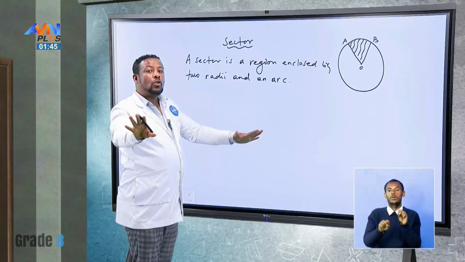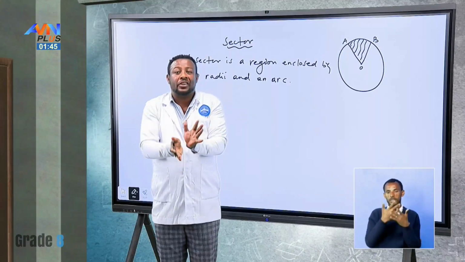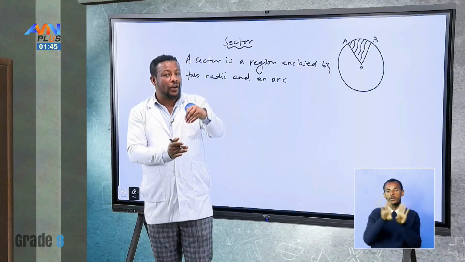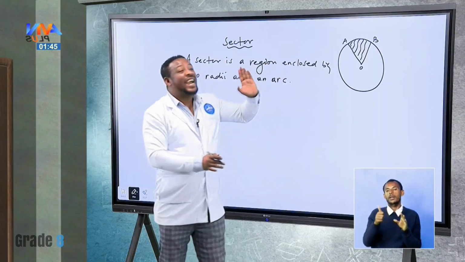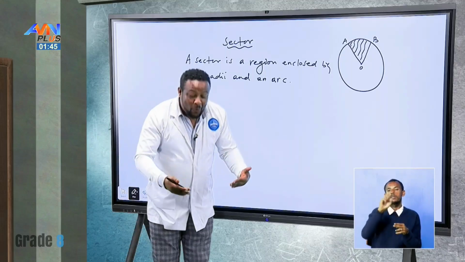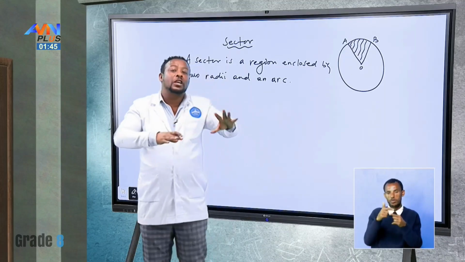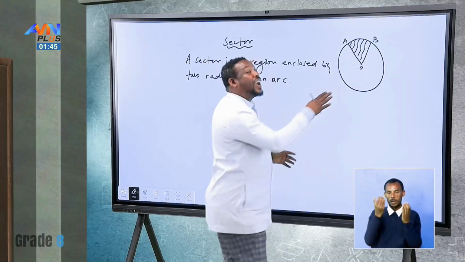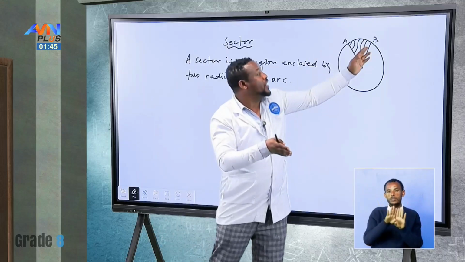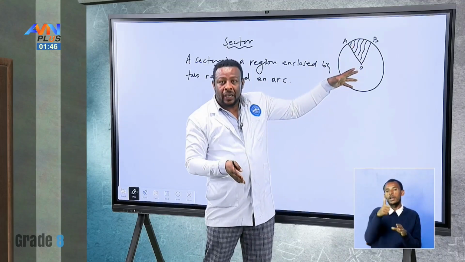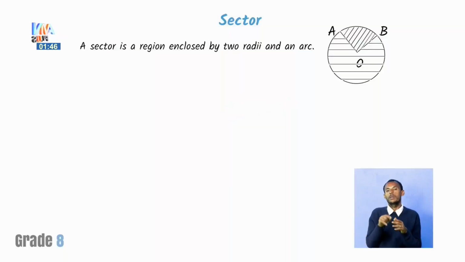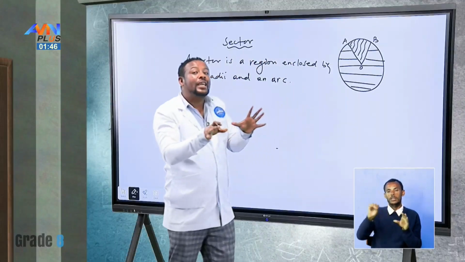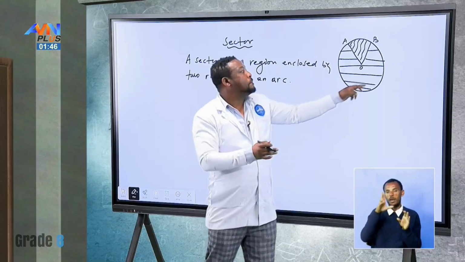So from now onwards, whenever you see a certain region enclosed by two radii and an arc, that region is called a sector, right? Now we are going to classify a sector as major and minor, because this external part is also a region enclosed by two radii and a major arc, right? If you paint this other part, this region is also a sector, because it is enclosed by two radii and a major arc.